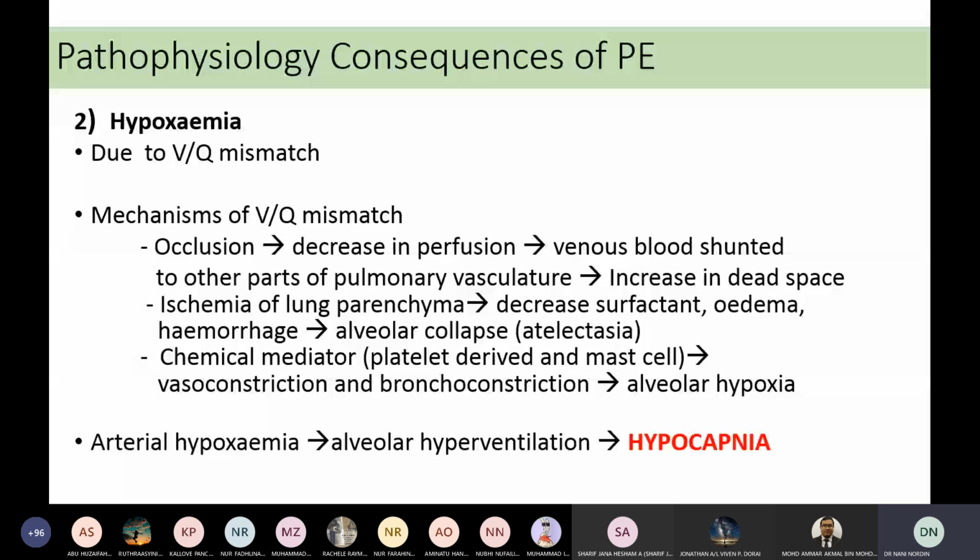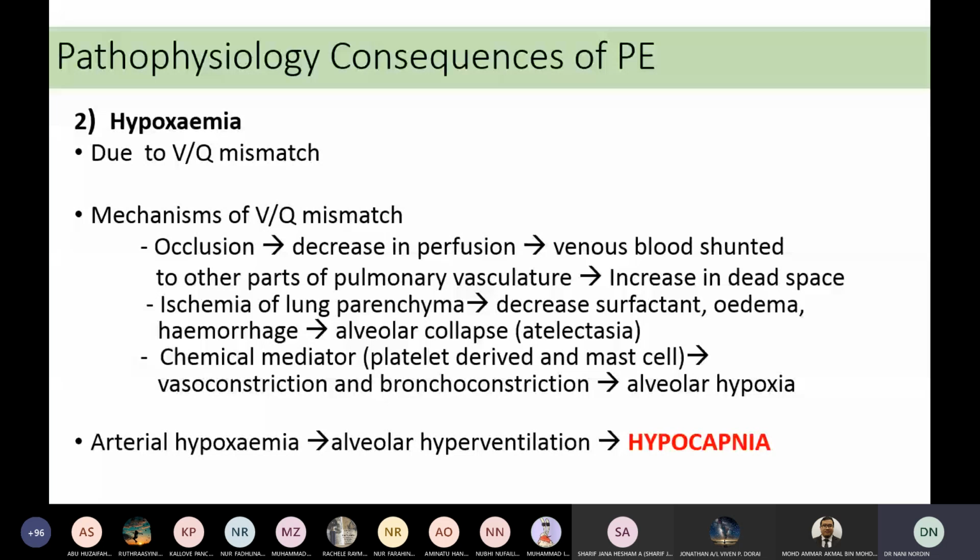Okay, so on top of that, you also have ischemia of lung parenchyma. We're not talking about infarction, but because of the decrease in perfusion, some of the lung parenchyma becomes ischemic, and there is a decrease in surfactant, so you will have areas of alveolar collapse, which also contribute to this VQ mismatch.